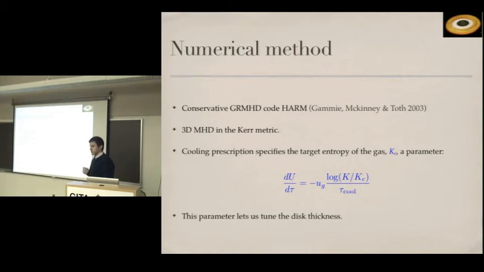So the units of MDOT are pretty meaningless. The thing that we can measure and is a good observable is H over R. So you can have a thin disk with H over R of 0.1, and then you can look at models that have radiation, and say, okay, that corresponds to accreting at about 30% Eddington.